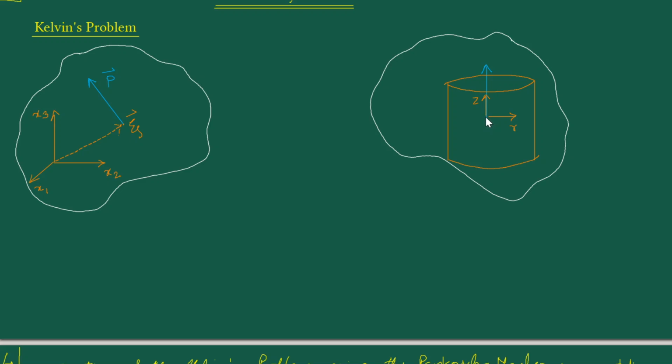The immediate implication is that what was xi in this diagram becomes 0, because the point of application of this body force with respect to this cylindrical coordinate system is nothing but the origin itself.